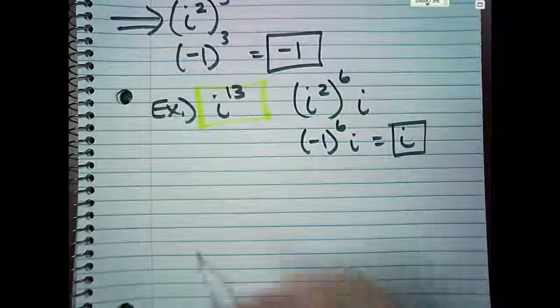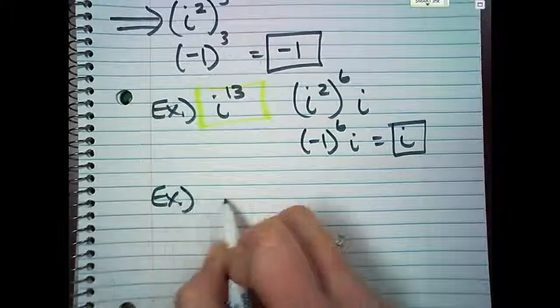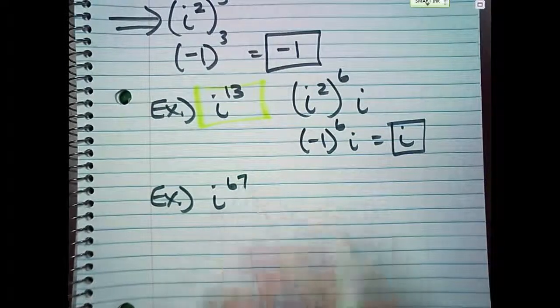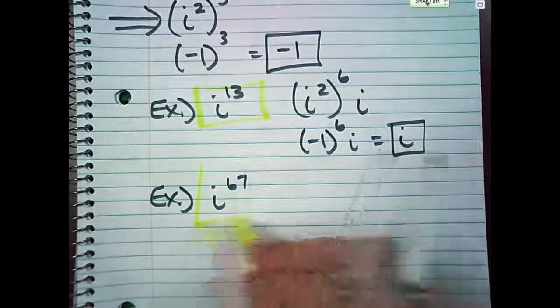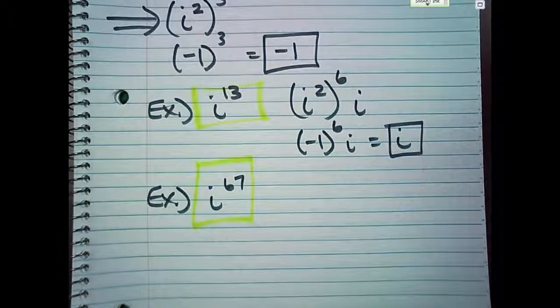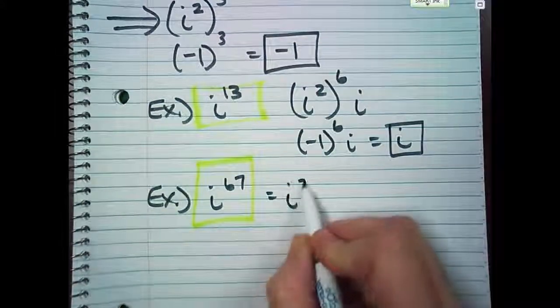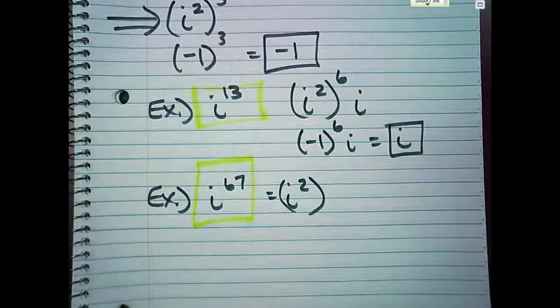Let's try another one. We're going to do 2 more. I'm hoping by the 4th one you'll get it. Here's i to the 67. You try it on your own for a second, and then we'll check it. How many groups of i squared can fit in? If it's an even amount of groups, you know that it's a positive. If it's an odd amount of groups, you'll know it's negative.